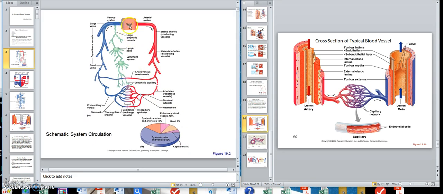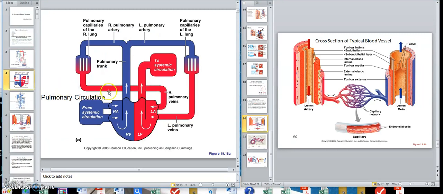This shows the heart, systemic, going around, coming back. So this is like a schematic of the systemic circulation. Okay. This is a schematic of the pulmonary circulation. Blood leaving the right ventricle, going in the pulmonary artery around to the lungs, and ultimately coming back through pulmonary veins into the left atrium.